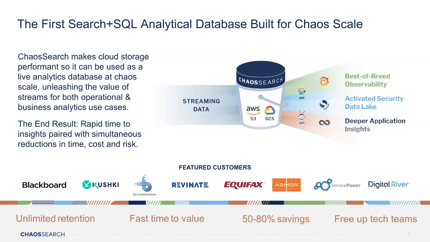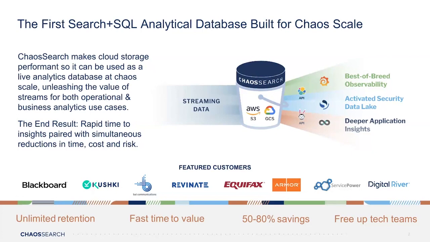You can see here some of our customers, and they have two key things in common. They have data at scale, and this means hundreds of gigabytes a day to terabytes, tens of terabytes, hundreds of terabytes a day. And also, they like to keep ownership of their own data. So you have customers like Equifax in financial services and Kushki, edtech companies like Blackboard, or software companies like Revenate, Armor, and ServicePower that have strong compliance needs and data security needs that are met by our architecture.